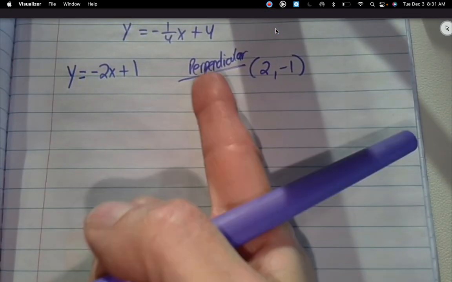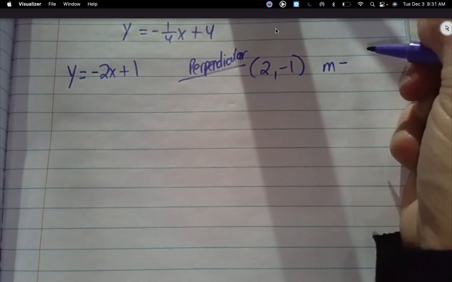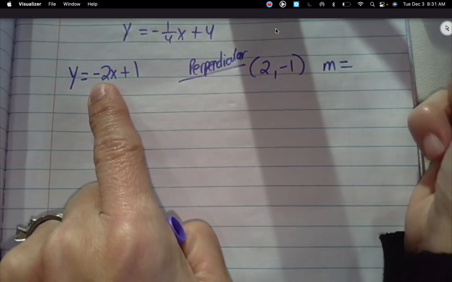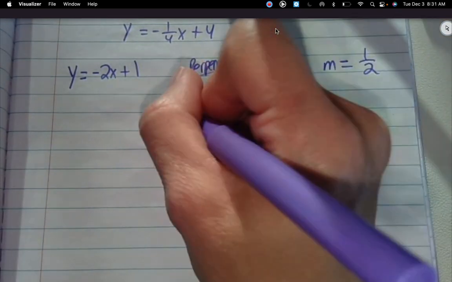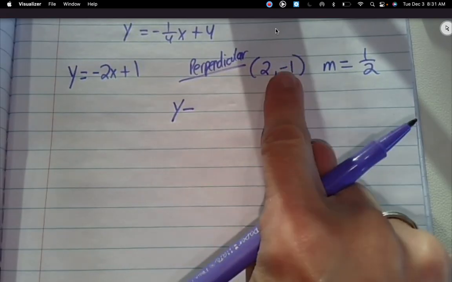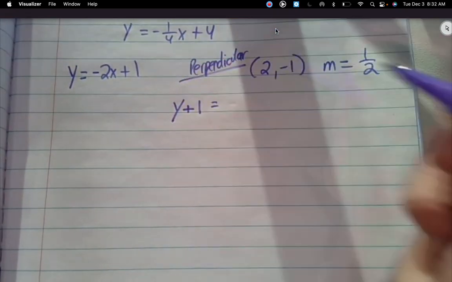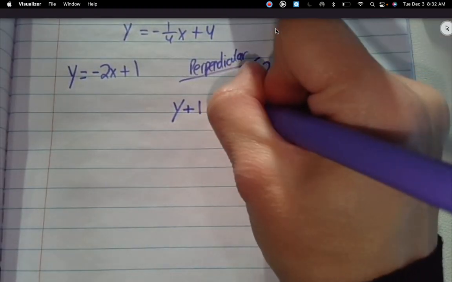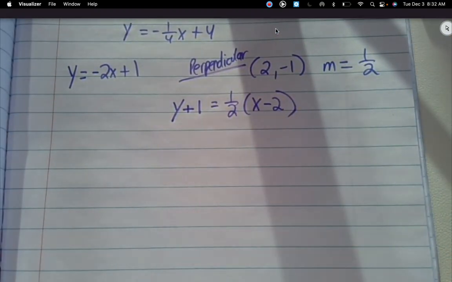Now, perpendicular means I need to change the slope to the opposite, which means it becomes positive, and the reciprocal. It becomes 1 over 2. Then I'll do y minus the y value, which since that's negative 1, it changes, equals the slope, and then x minus the x value.